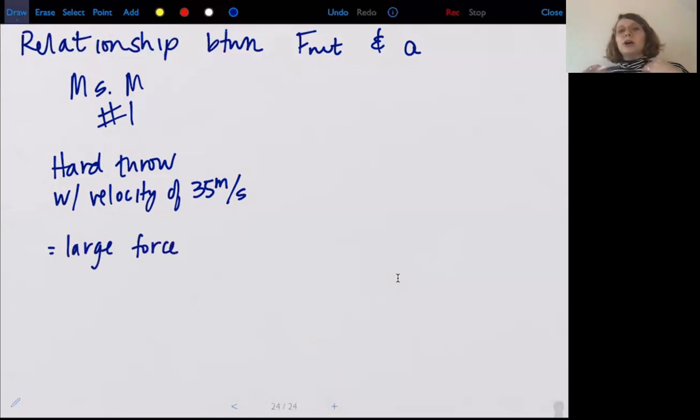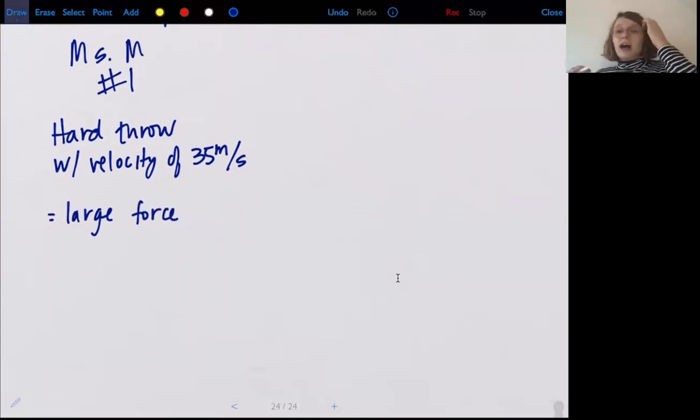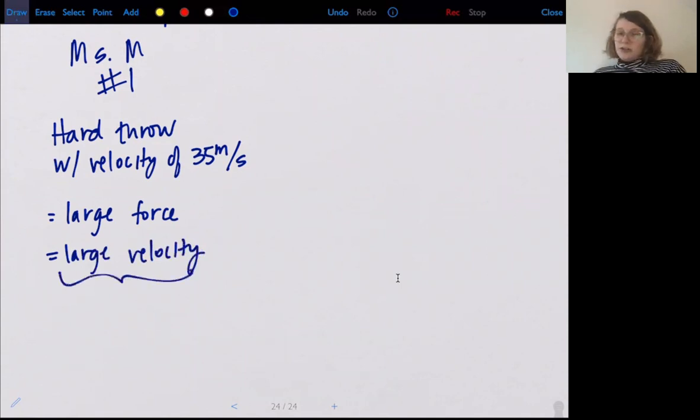When I exert a large force on the ball, the ball has a greater velocity when it's leaving my hand. Okay? So the biggest thing here, more importantly than just a large velocity, is going to be a larger change in velocity.